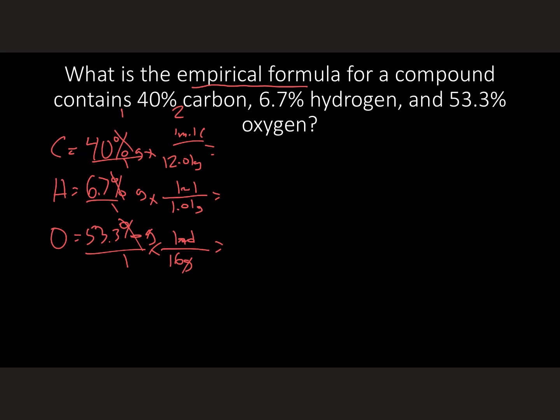So 3.33 conveniently for the first one, 6.63, and then 3.33. So now the first step, drop the percent and use grams. Second, calculate how many moles you have. That's here. Next step, number 3, divide by the smallest number of moles. We have a tie, so we're going to use 3.33.